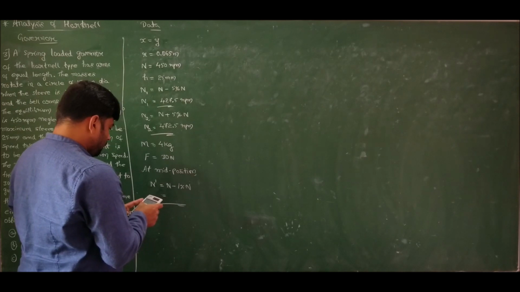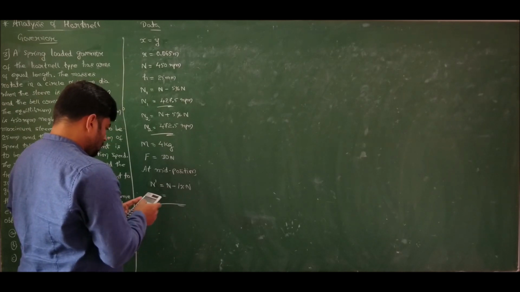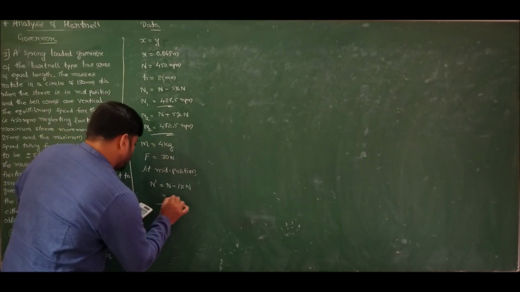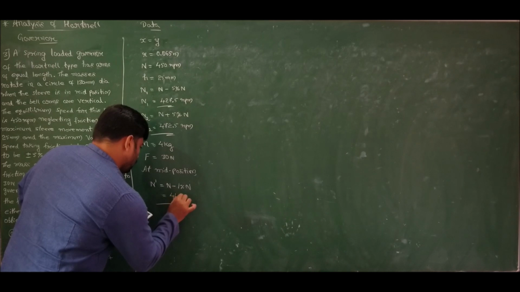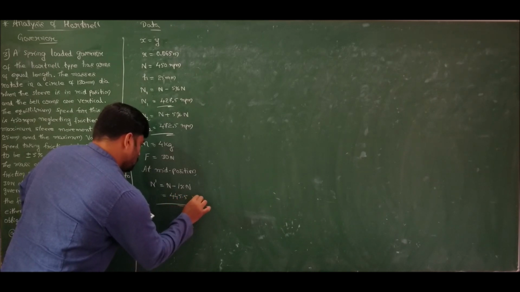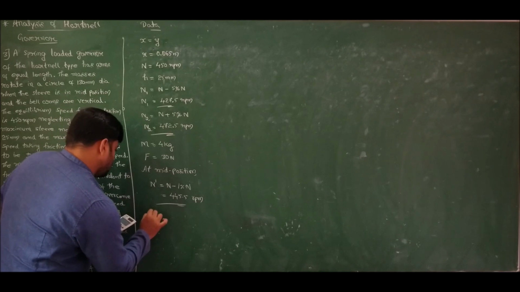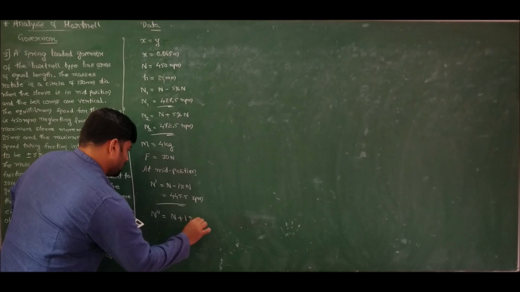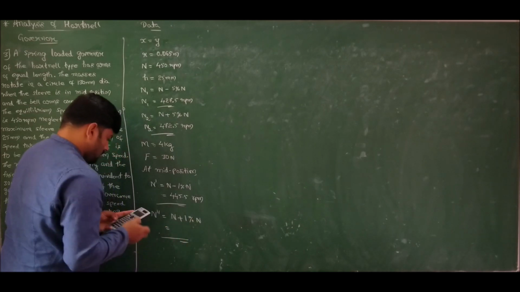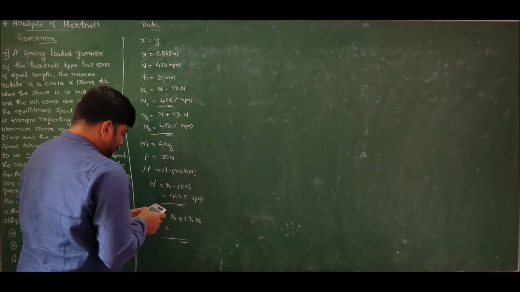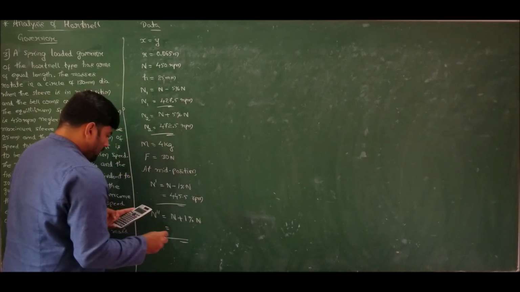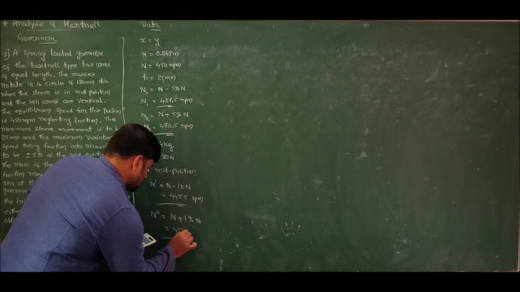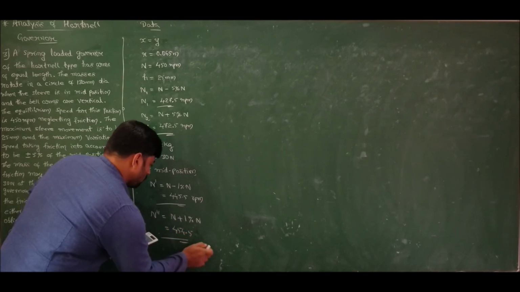That is 450 minus 1 by 100 into 450, that is 445.5 rpm, whereas N double dash is N plus 1% of N, that is 450 plus 1 by 100 into 450, which is 454.5 rpm.